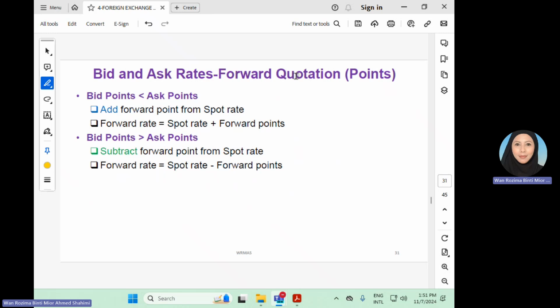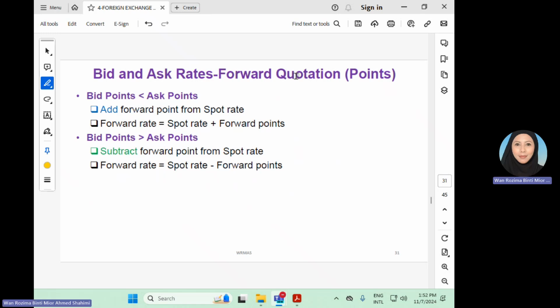So the formula is forward rate equals spot rate plus forward points. However, if the opposite, bid points more than ask points, you subtract forward points from the spot rate. So the formula is forward rate equals spot rate minus forward points.